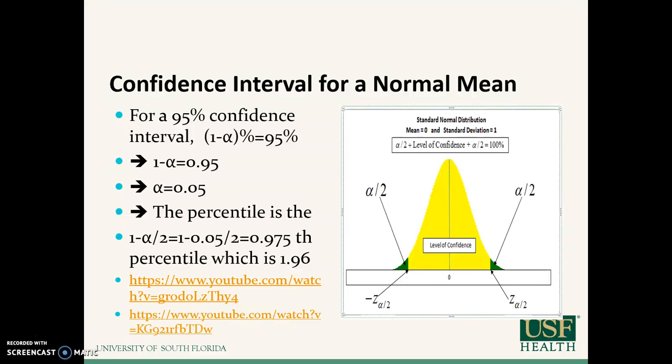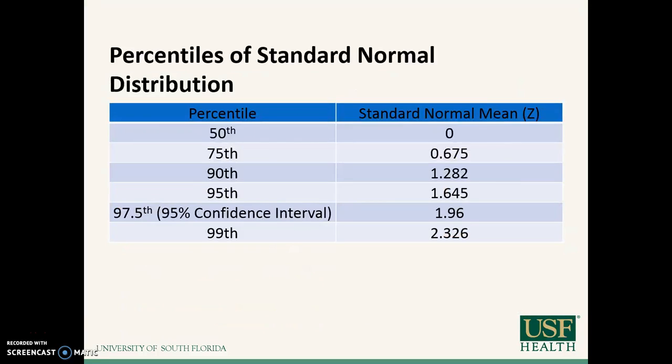Then on the left-hand side, it's negative z alpha over 2. So it is 1 minus 0.05 divided by 2, which is 0.975. The percentile is 1.96. So this is how you calculate the z for the confidence interval.